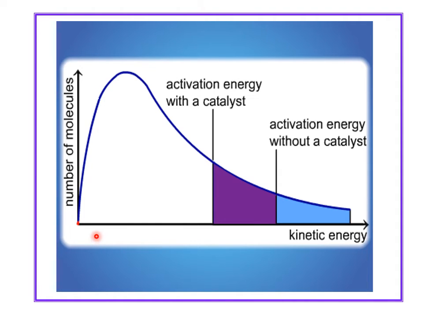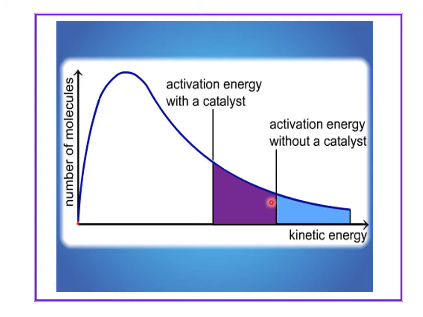Here is another Maxwell-Boltzmann distribution curve where the number of molecules is plotted against kinetic energy. So the area under the curve would be the amount of molecules that have enough kinetic energy or activation energy to react.